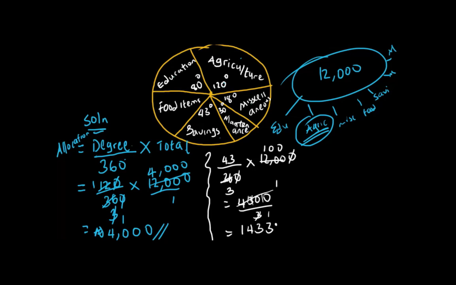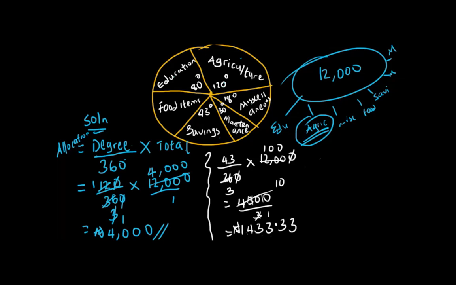I put point, I add 0. 3 in 10 is 3, so it just keeps going. So it means that the amount allocated to savings is 1,433 naira and 3 kobo.